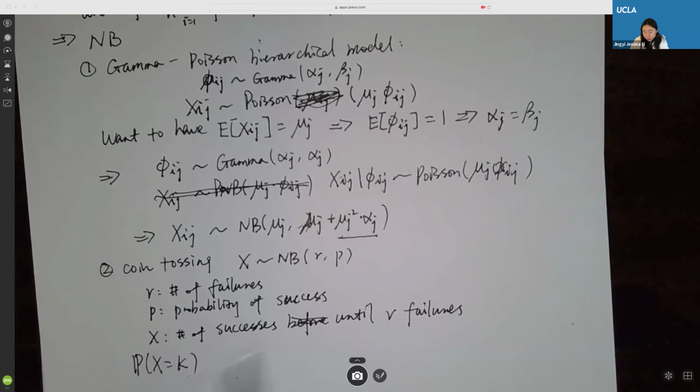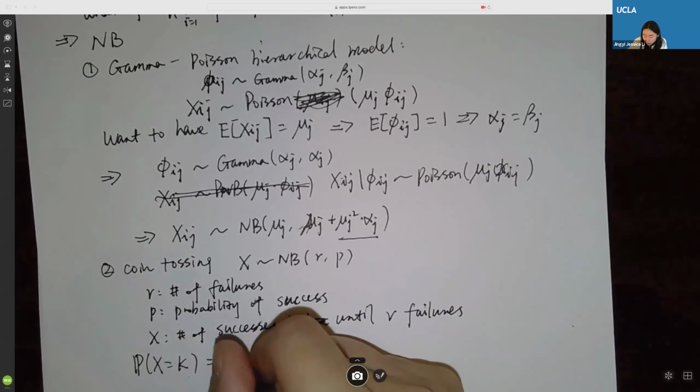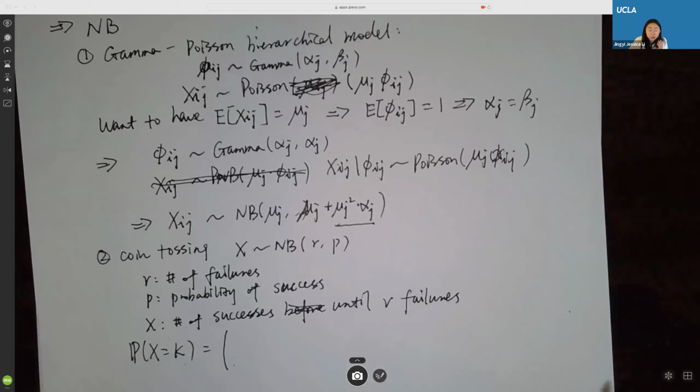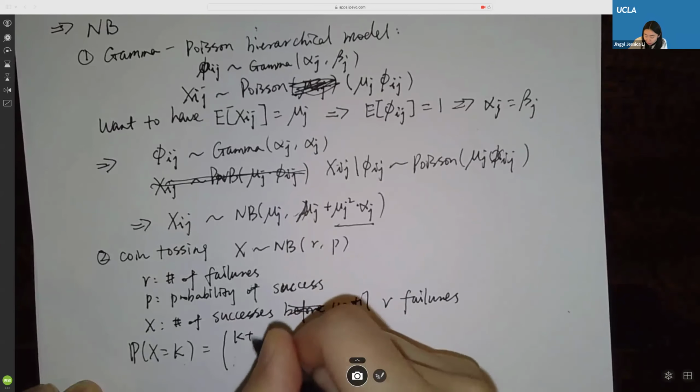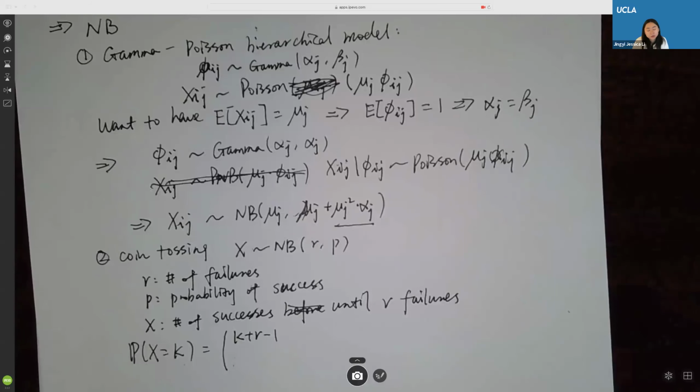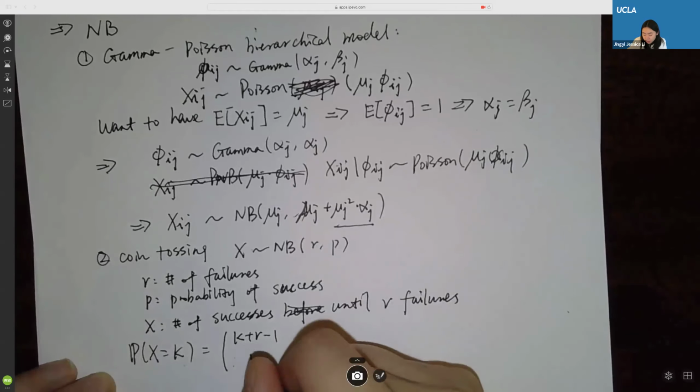So in this experiment, what it means is when I stop, it must be when I see R failures. So the place where I stop must be a failure. But how many times did we toss before the Rth failure? We have tossed K plus R minus 1. That's the number of tosses we have done. And out of those, I know K are successes.